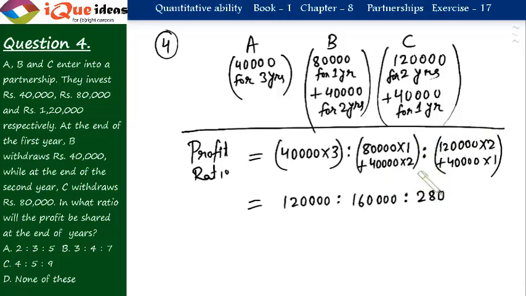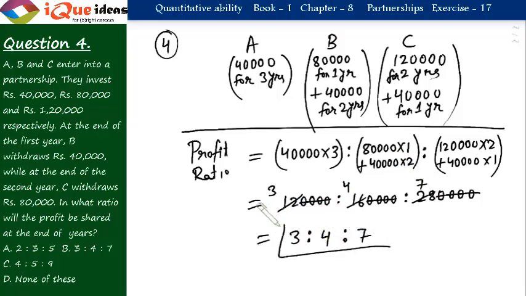Now as you can see, 4 zeros can be cancelled directly, and 12, 16 and 28 can be cancelled by 4. So 4 3s are 12, 4 4s are 16 and 4 7s are 28. So the final answer of the question would be 3 is to 4 is to 7. So this should be the profit ratio of these three people.